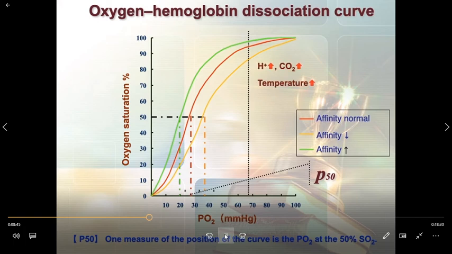And I show these three lines because, as I mentioned, variation to either side of this red curve is not good enough. Because if the oxygen and hemoglobin are more prone to dissociate, it means fewer passengers get on the boat, and eventually there will be hypoxia at the tissue end.